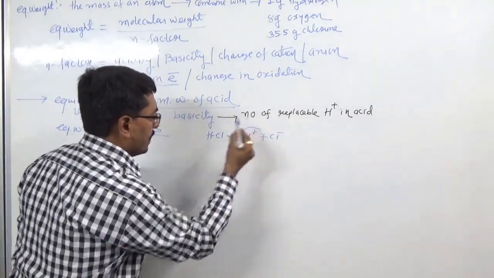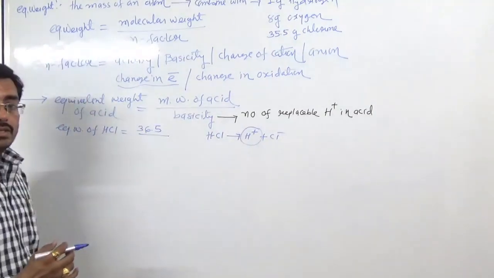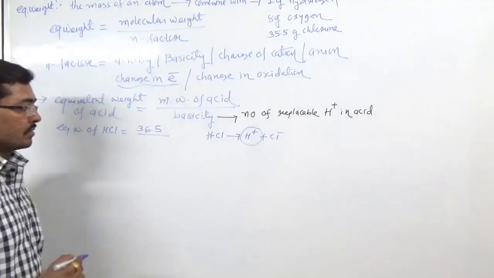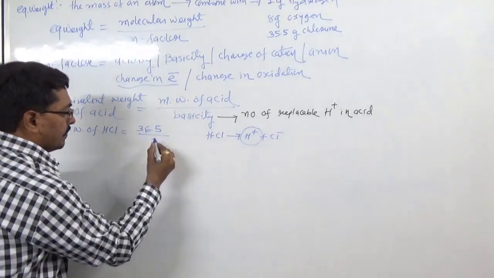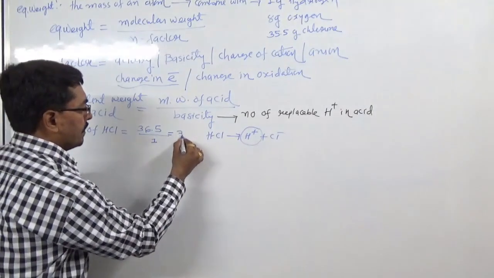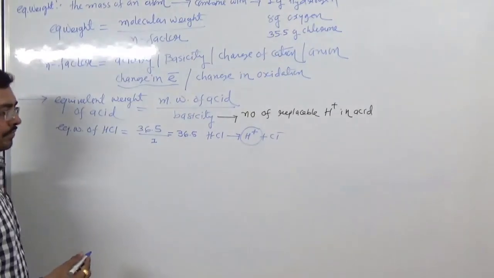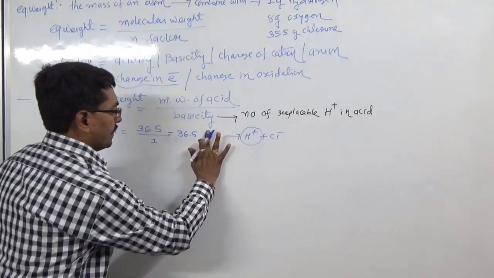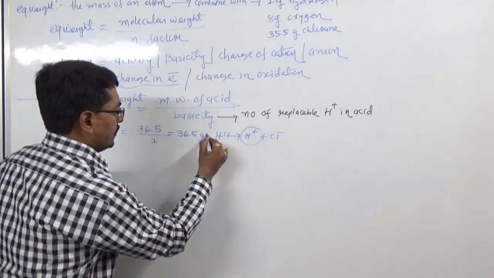So to neutralize it we require only 1 hydroxyl ion, so basicity is just 1. So 36.5 divided by 1 gives 36.5. Now the unit of equivalent weight we can write as gram per equivalent.